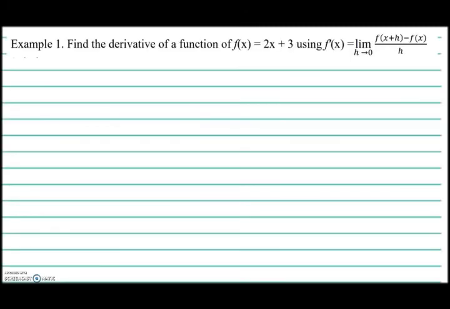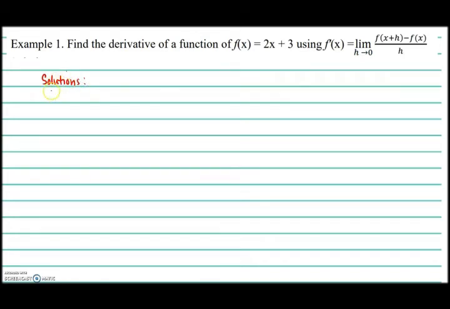Okay. So let's have example 1. Find the derivative of the function f of x equals 2x plus 3 using f prime of x equals the limit of the difference quotient. Okay, so let's have our solutions.